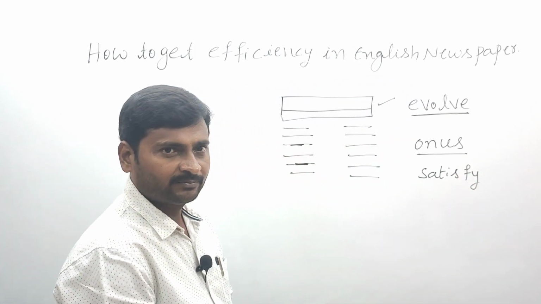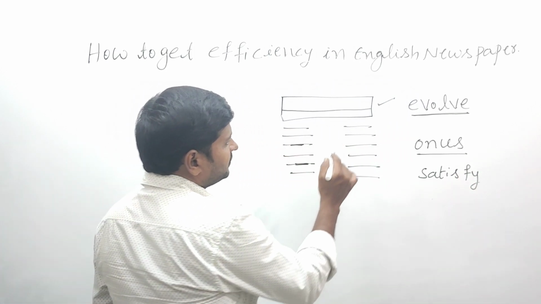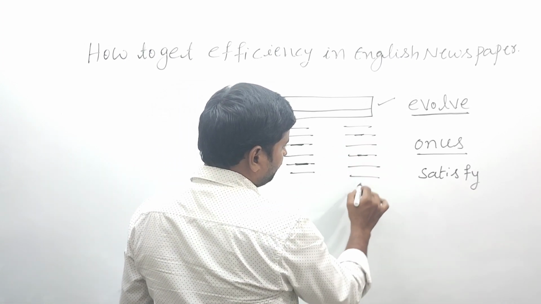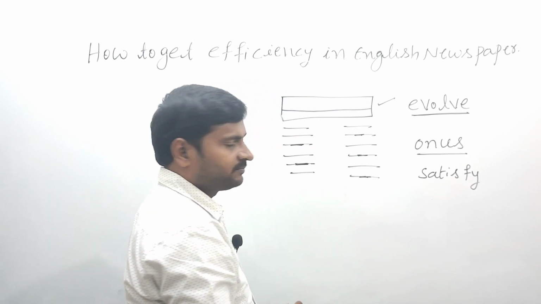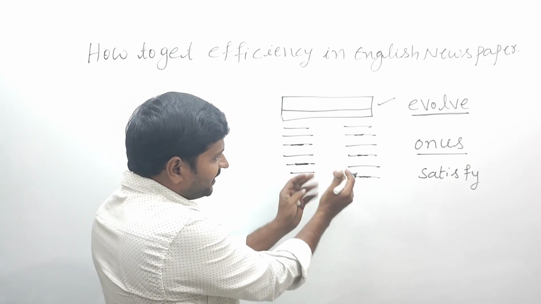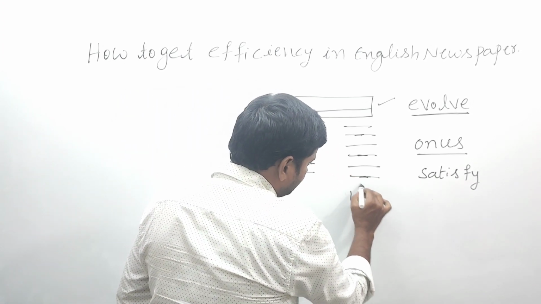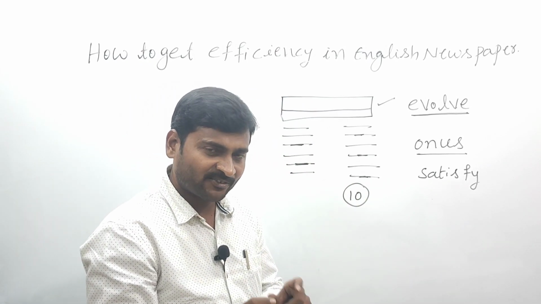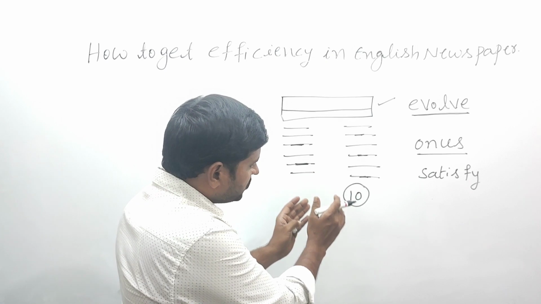Like that, you don't understand one more word here, and here, and here. In the complete article you get around 10 words. How many words? 10 words. Initially you underline all those words.